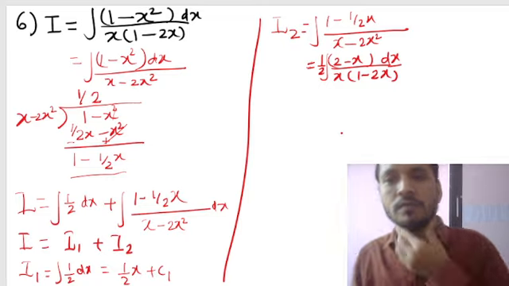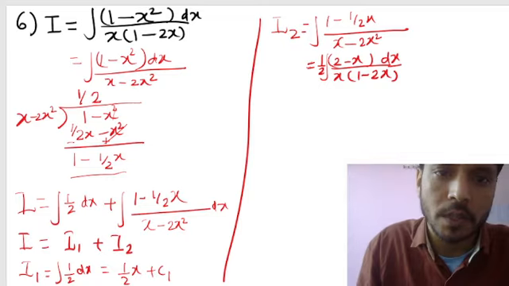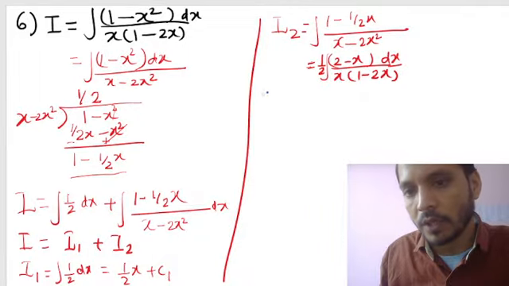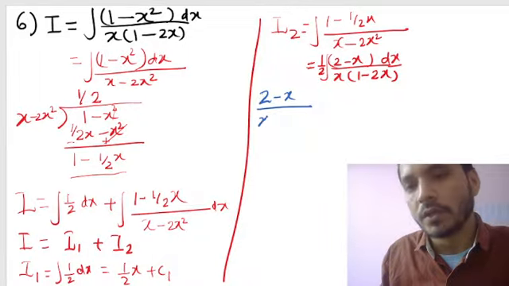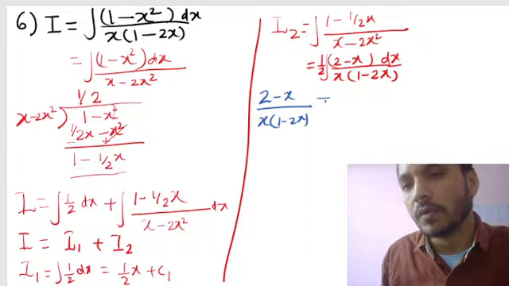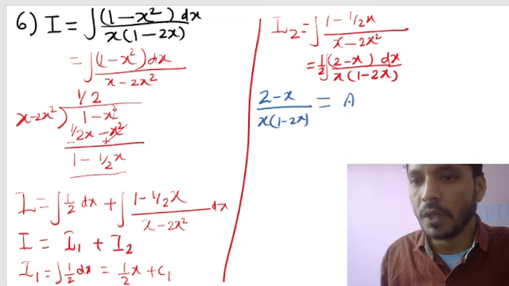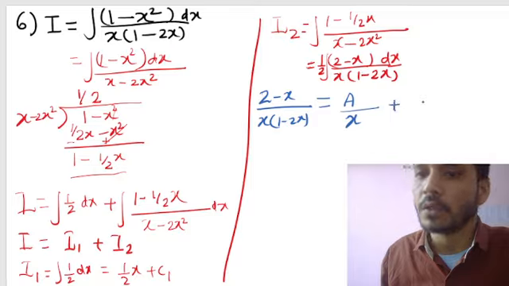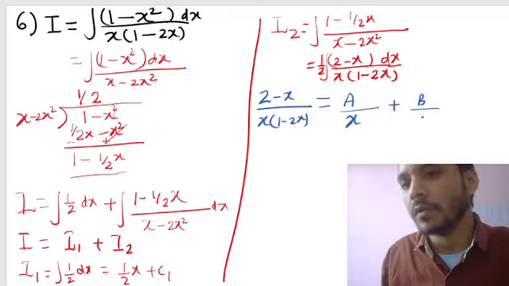Now we can apply the partial fraction, with 1 by 2 as it is. Here we write 2 minus x upon x into 1 minus 2x, which is equal to a upon x plus b upon 1 minus 2x.